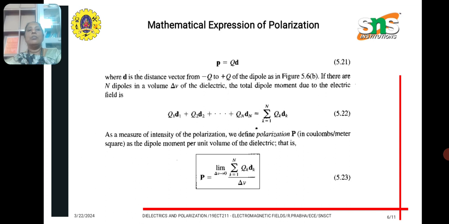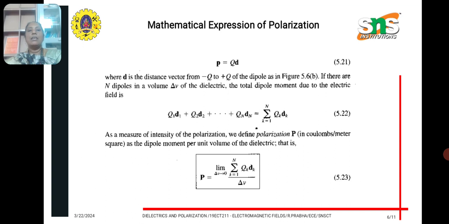Now to obtain the mathematical expression of polarization, the dipole moment is defined as P equal to Q into d, where d is the distance between the negative charge and positive charge of the dipole. If there are n dipoles in a volume del V of a dielectric, then the total dipole moment is obtained by adding all the individual dipole moments, that is Q1 d1 plus Q2 d2 up to Qn dn.